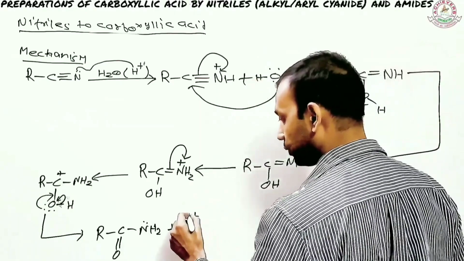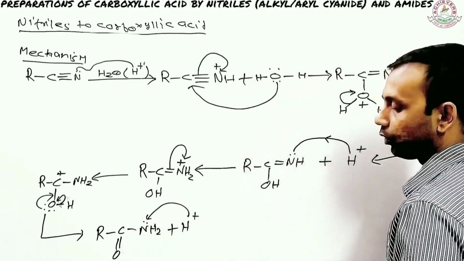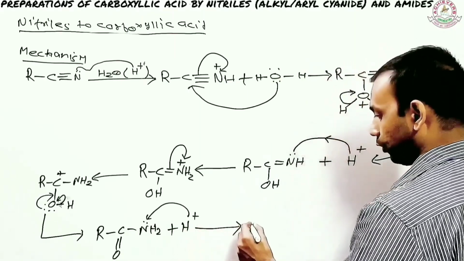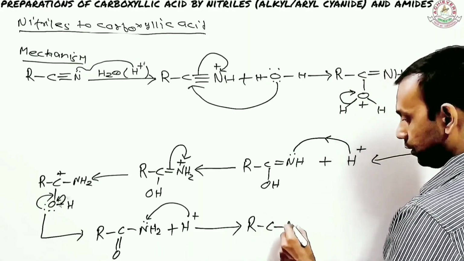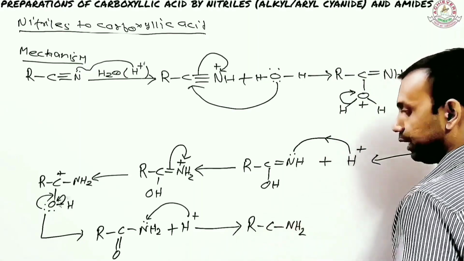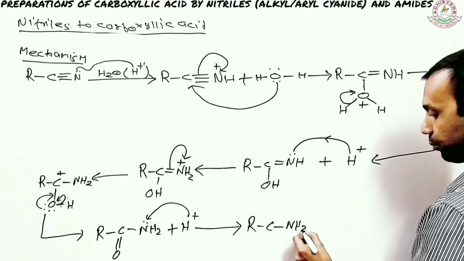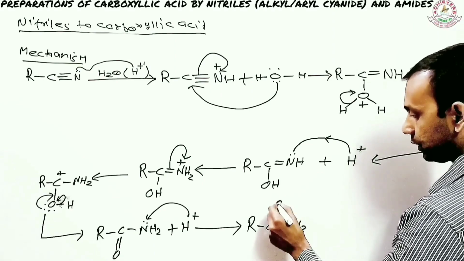Now again this proton is attracted towards the NH2, and due to that, what happened? It forms R, C, single bond, NH2, and NH3 in fact, sorry. So this becomes NH3. Okay, and you have a double bond with oxygen right here.